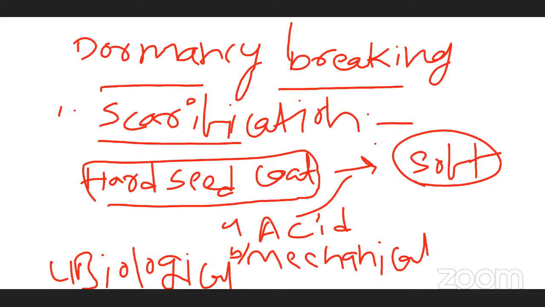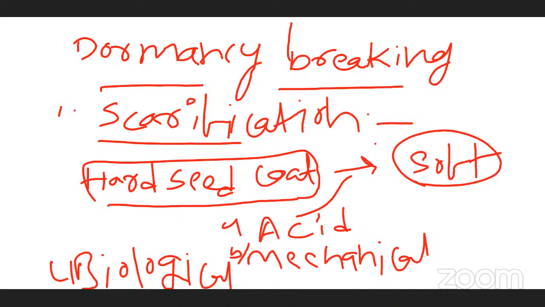If the seed coat is normally hard, we can place it in acid for just 15 minutes or so. But if it is very hard, we soak the seeds in concentrated sulfuric acid for up to 3 hours. That is acid scarification.